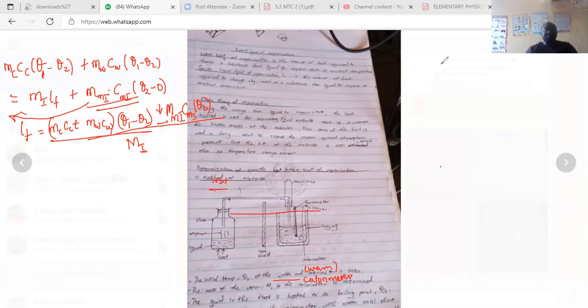The reason why this is so is that when heating is taking place, the heat that has been supplied separates the molecules of the liquid and increases their kinetic energy.